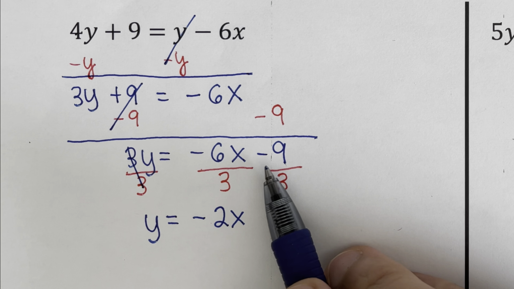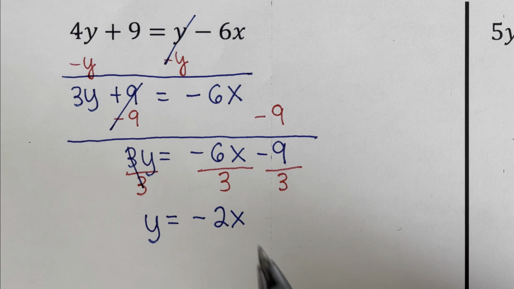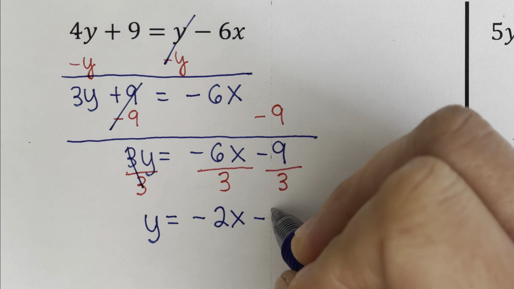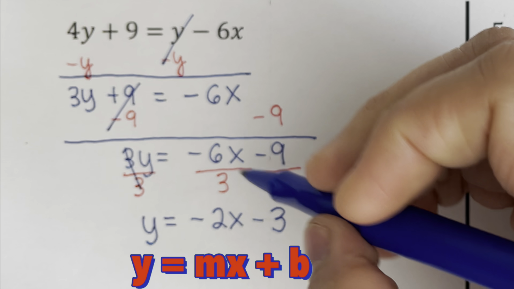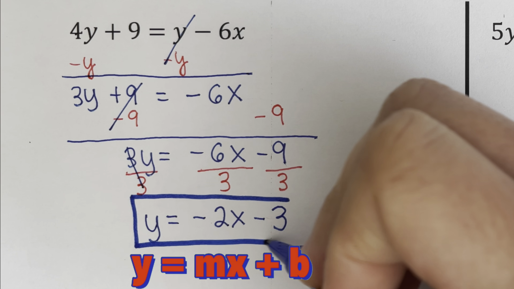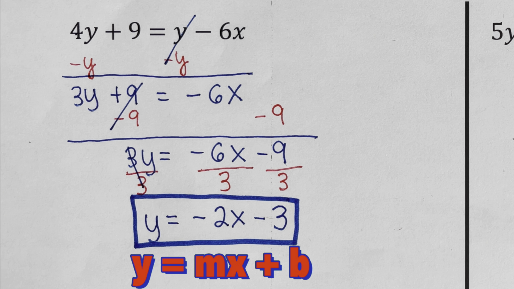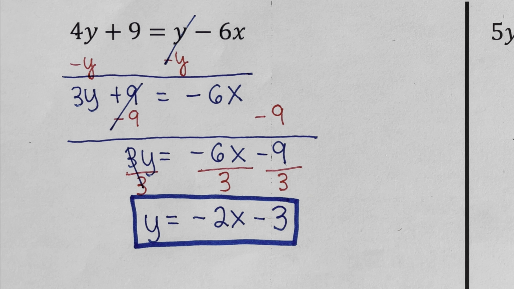And then we have negative 9 divided by 3 is negative 3. So this is already in the form y equals mx plus b. As you can see here, our m is negative 2 and our b is negative 3.